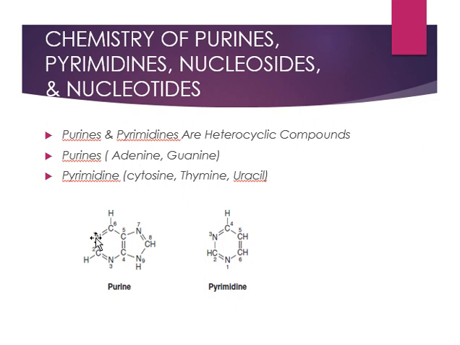In purine, the numbering of atoms starts from this position. This is 1, 2, 3, 4, 5, 6, 7, 8 and 9. While in pyrimidine, the numbering of atoms starts from this position. This is 1, 2, 3, 4, 5 and 6.